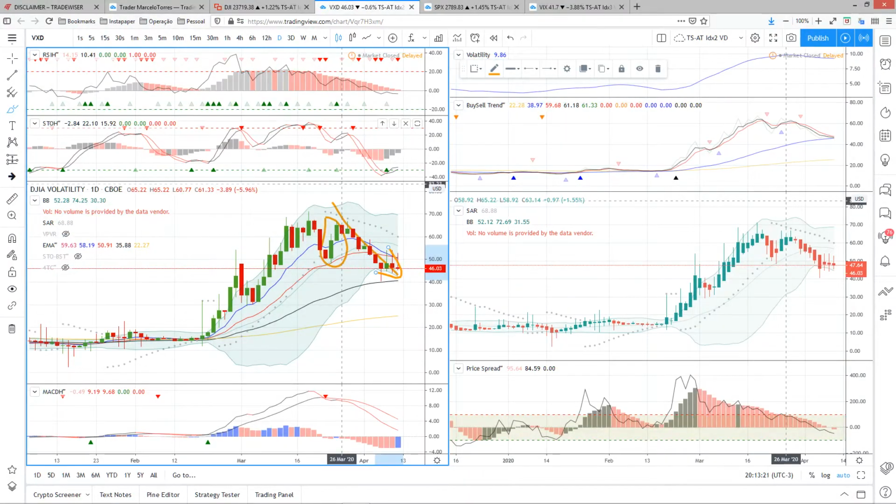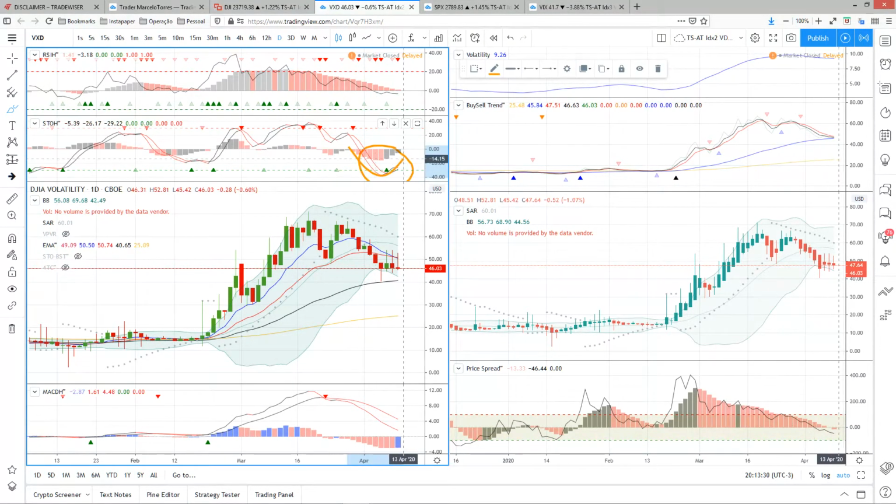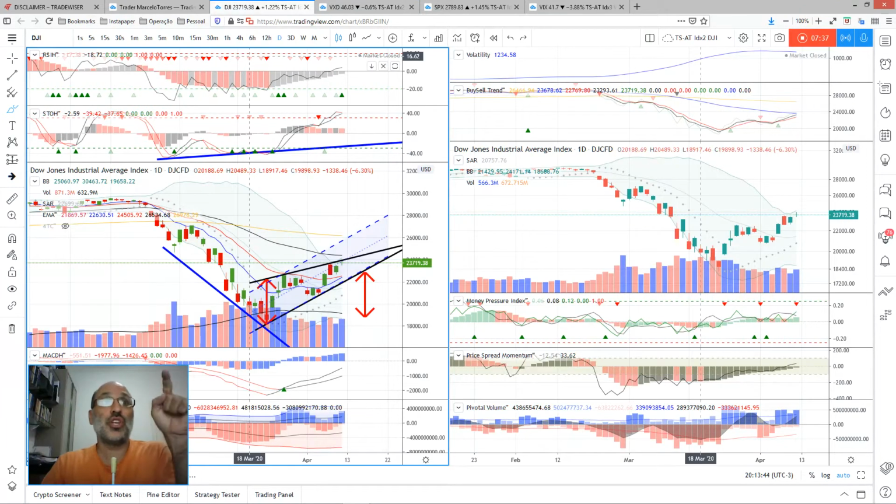The VXD says that we're going down, but it's already oversold. So it means that on the stochastic, we should go up, correct? We still don't see this information going on the relative strength, as we don't have the information here on the Dow Jones.